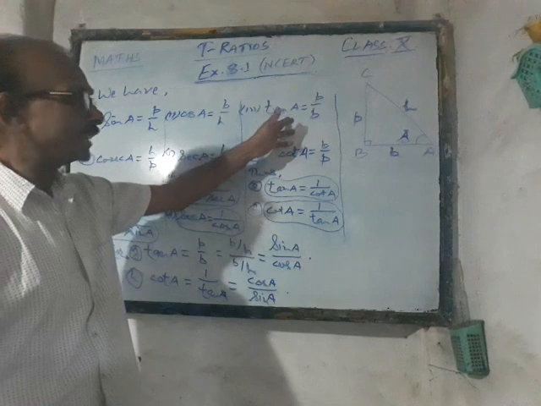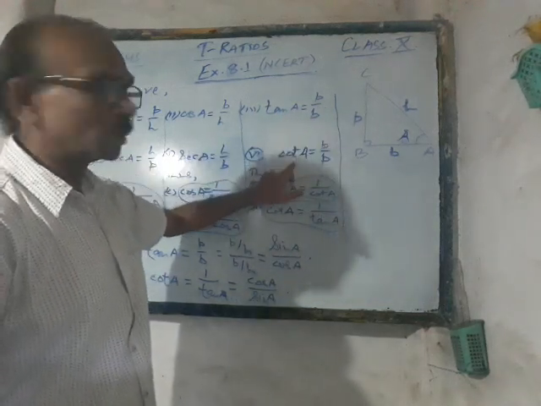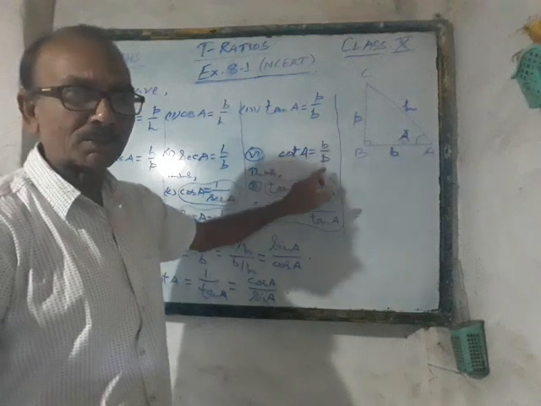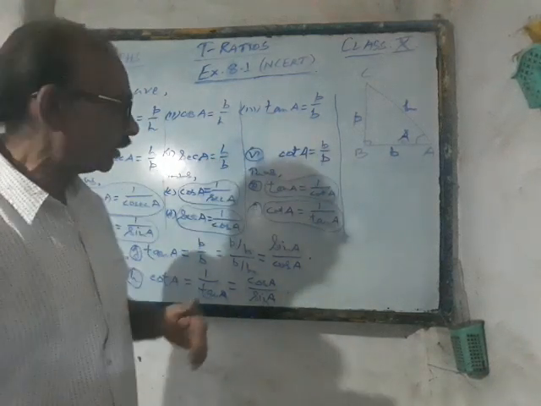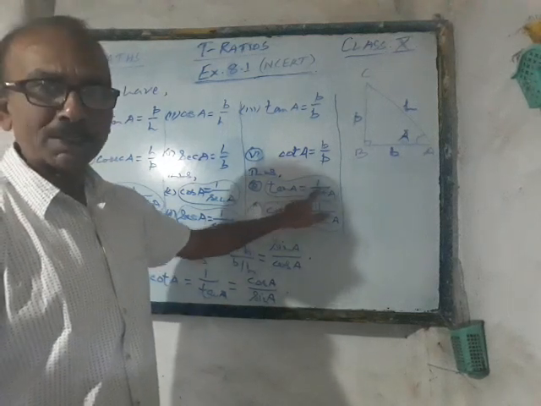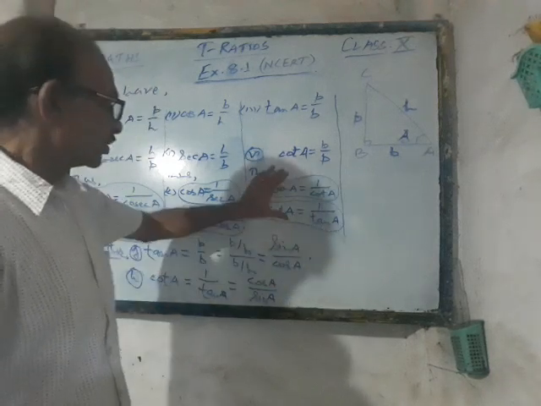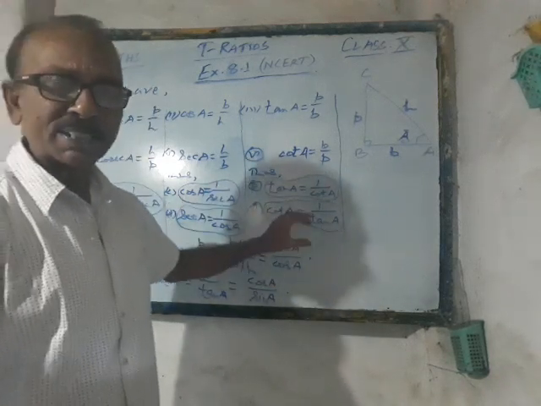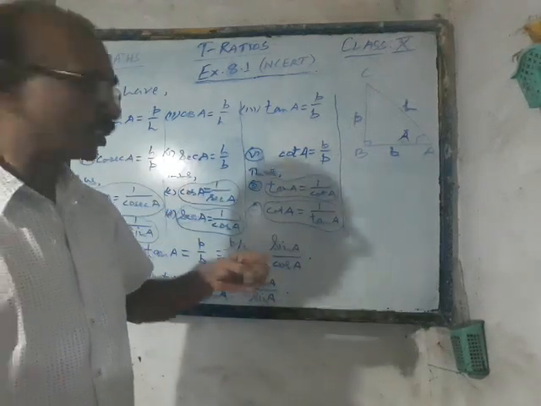Tan A gives you perpendicular divided by the base, and cotangent of A gives you base divided by perpendicular. Naturally, cot and tan are reciprocals of each other. So we may write tan A is equal to 1 divided by cot A, and cot A is equal to 1 upon tan A. So these 6 relations we have established, relating the trigonometric ratios with each other.